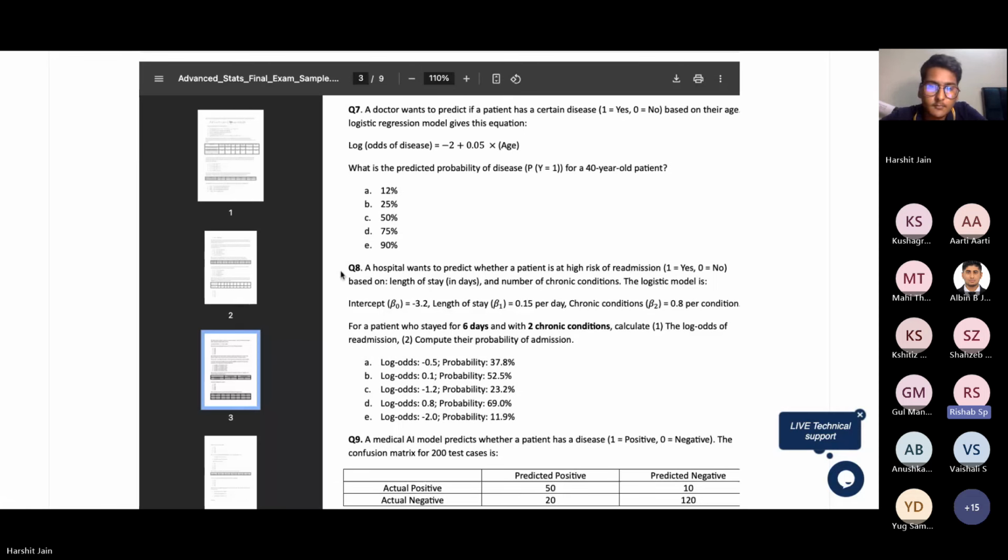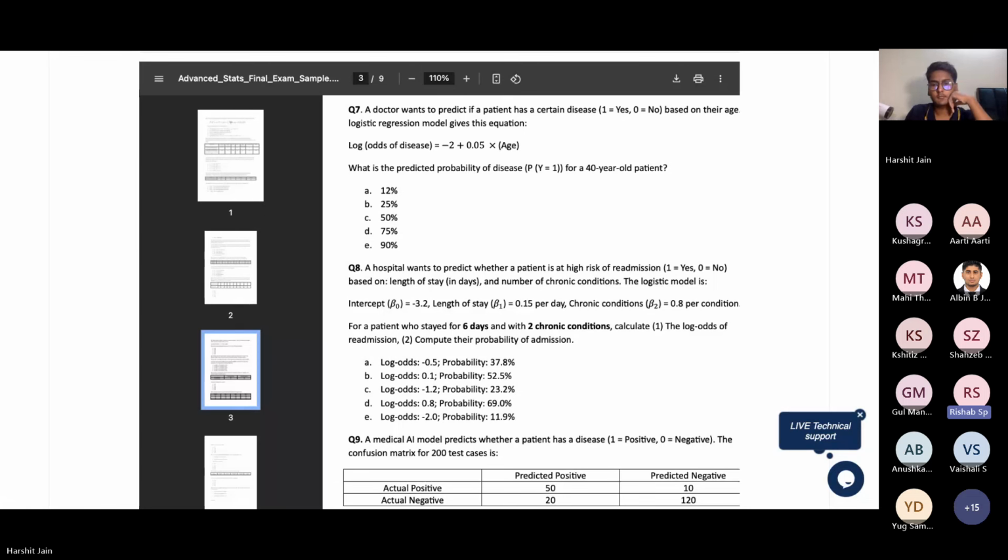So basically, we'll go through the question. A hospital wants to predict whether a patient is high risk of readmission. High risk, basically, is the probability, mentioning the chances that there is a risk of readmission. So we'll use 1 or 0.